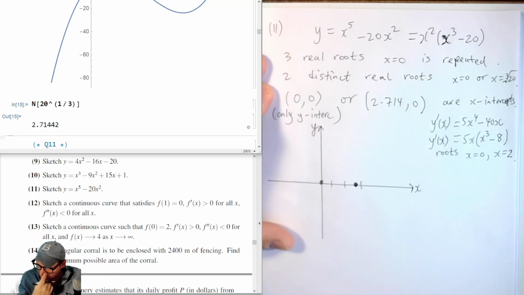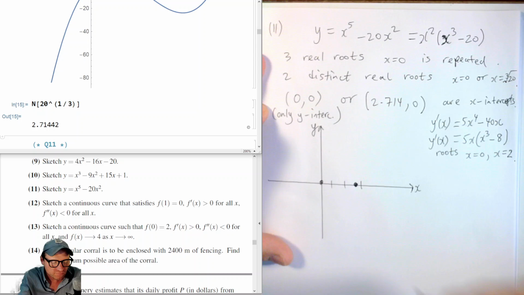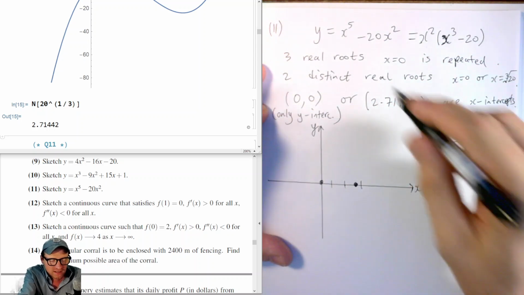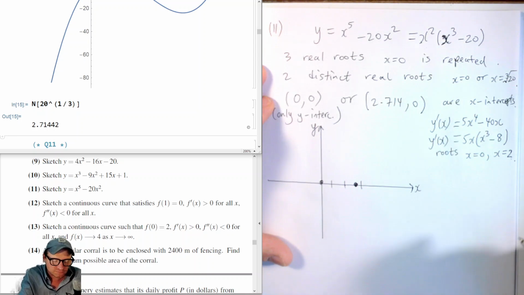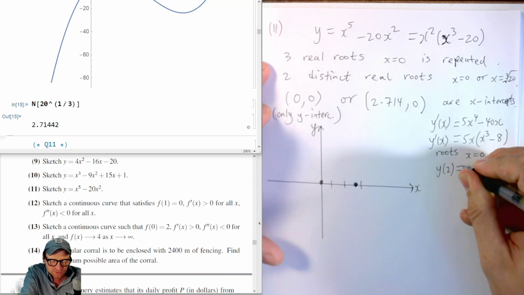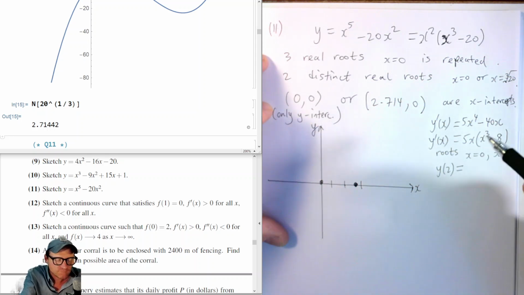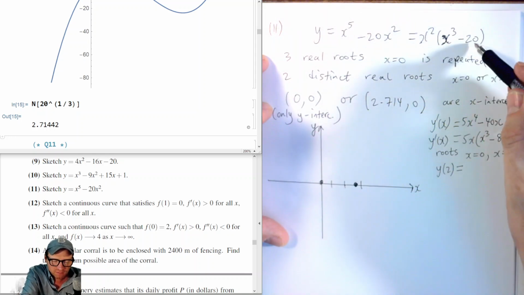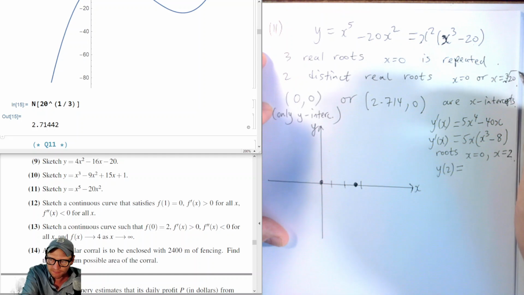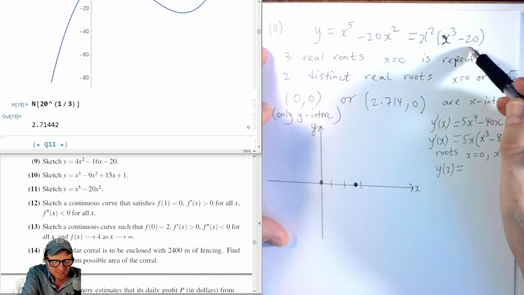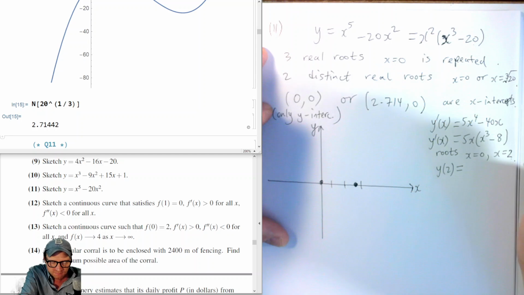All right, so let's identify this. So 2, that's here. All right, can I sub this in there and get a number? So y of 2 is equal to, so 2 squared is 4, and then we have 8 minus 20 is minus 12, right? Yeah. 8 minus 20 is minus 12, so minus 12 times 4 is minus 48.